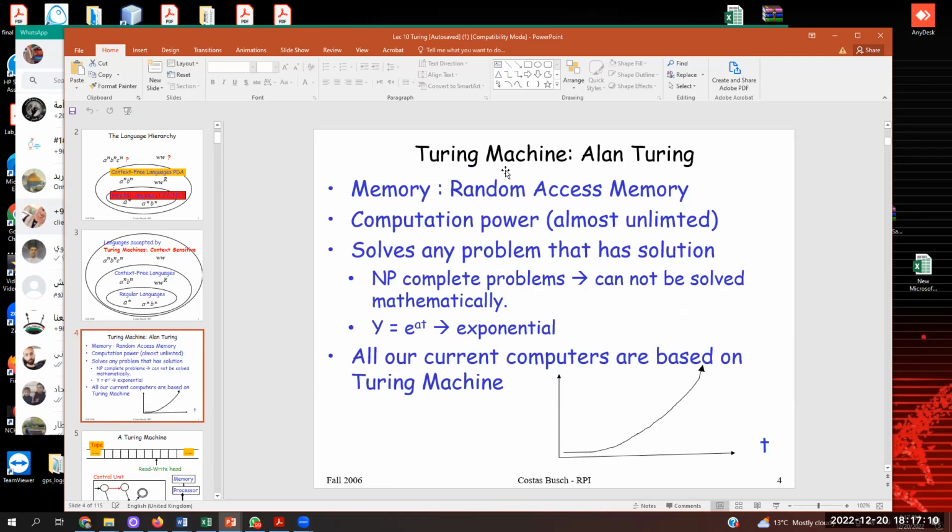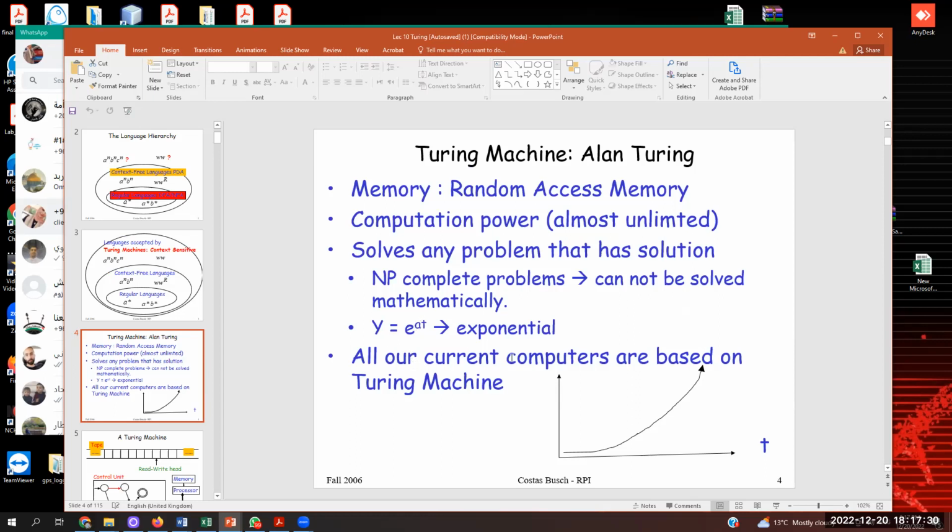So it can use memory, random access memory, RAM. It can use computation power, almost unlimited, which can do almost any problem except the NP, non-polynomial problems, very hard to solve, like the exponential e to the power n.